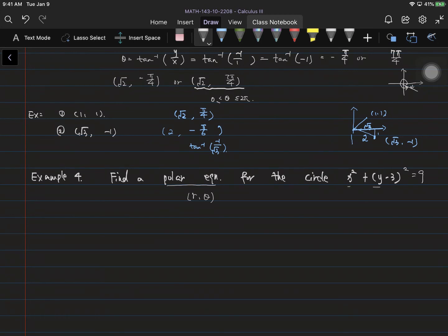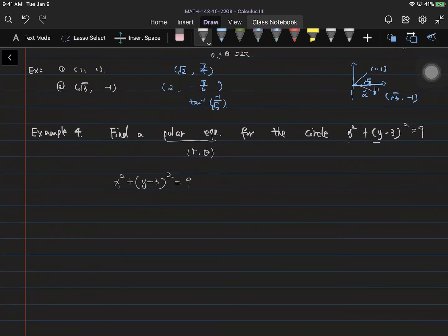But from here we have to simplify our Cartesian equation firstly. Okay, so let's see. Firstly, we copy the equation in Cartesian. Right now, we expand the second term. So y squared minus 6y plus 9 equals 9. And simplify. 9 can be cancelled. So here we have x squared plus y squared minus 6y equals 0. And because we know x squared plus y squared is r squared, right?